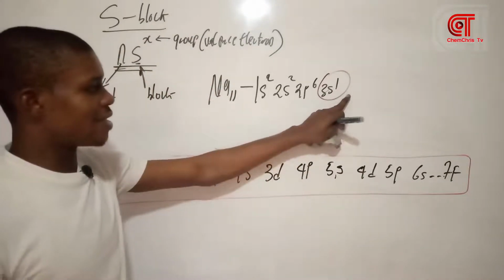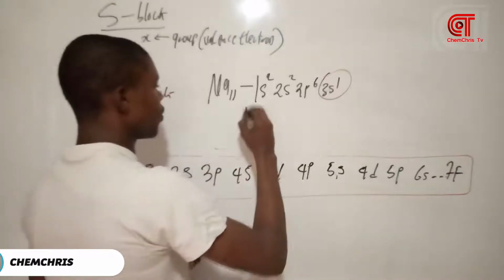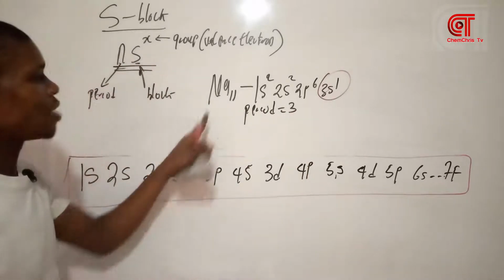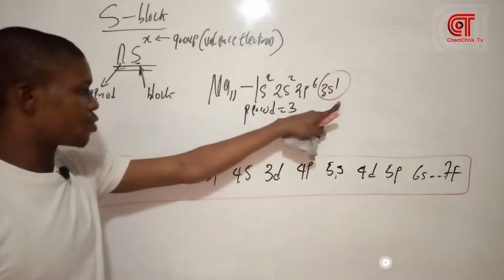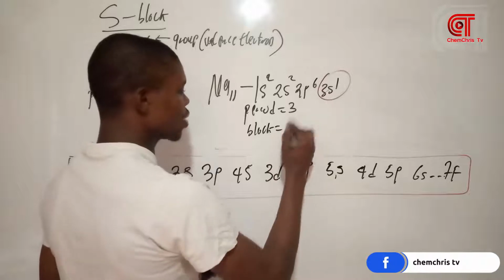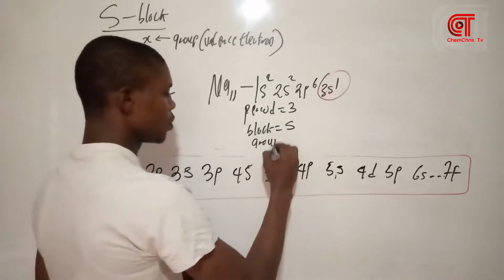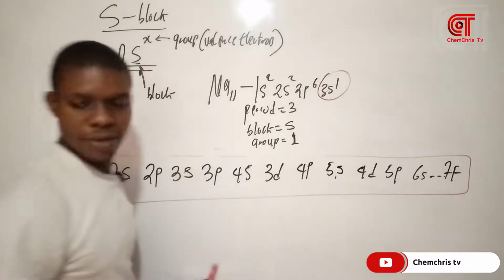If I separate it out, my period is period 3. Sodium belongs to period 3 in the periodic table. Then the block is the s block. Then the group, because here we have one, means group 1.